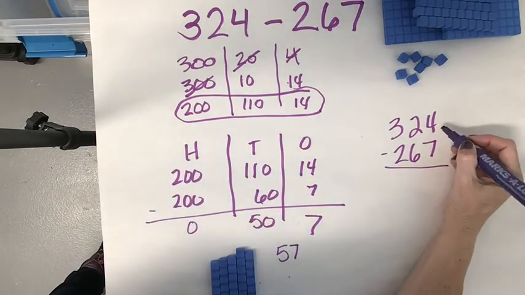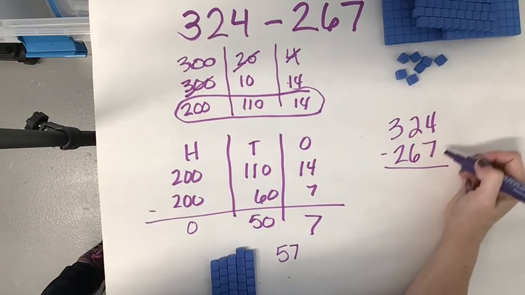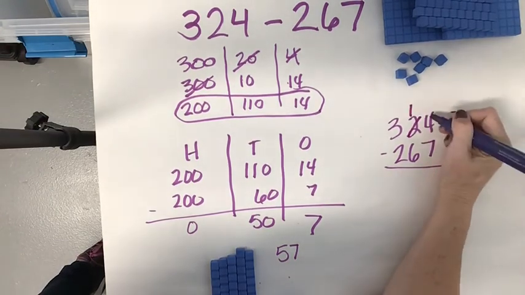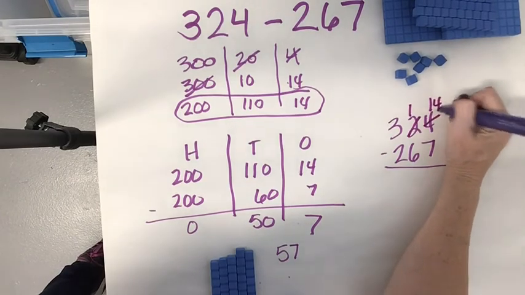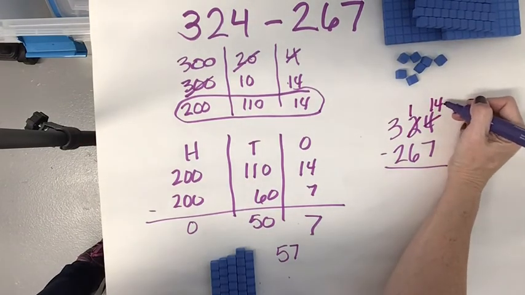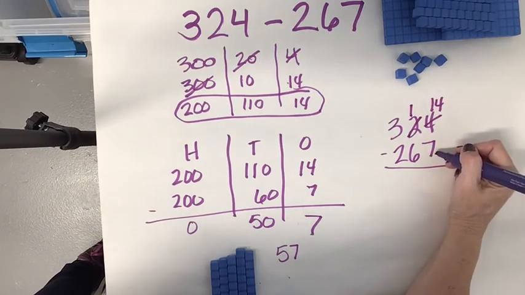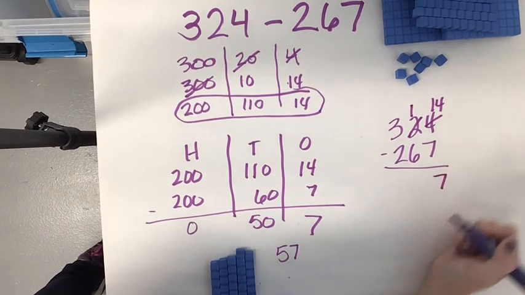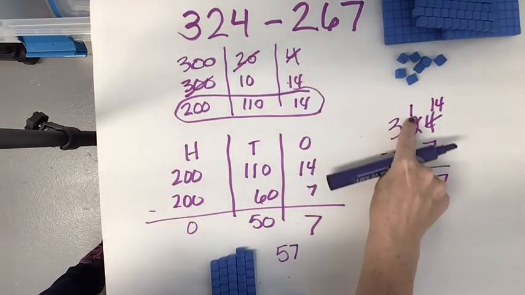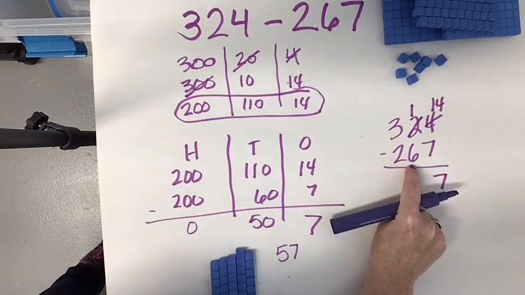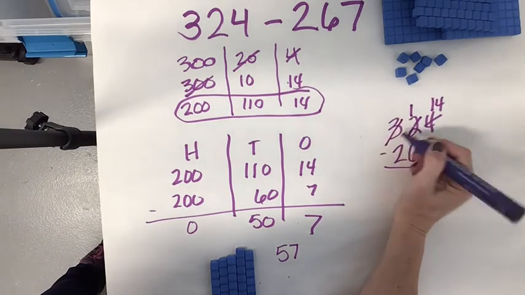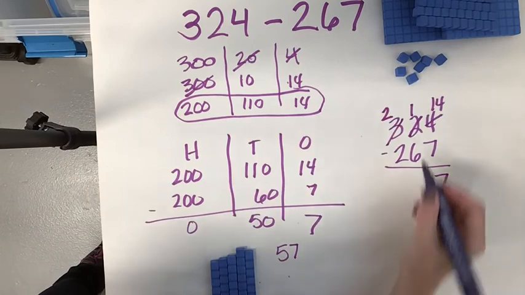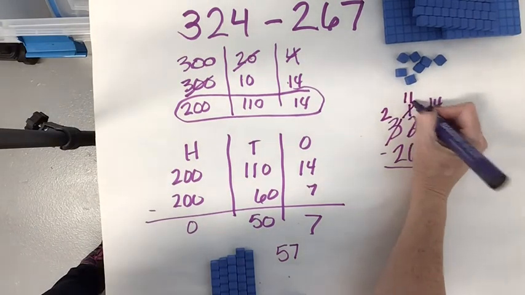So here, I can say again, if I only have 4, I can't take 7 away, but I can shift a 10 from here and make this 10 and 4, which is 14. 14, I can give you 7. I can separate 7 from 14. That's 7. If I only have 1 10, I can't take 6 out of it, but I can shift from the hundreds column 10 tens over, and now I have 11 tens.